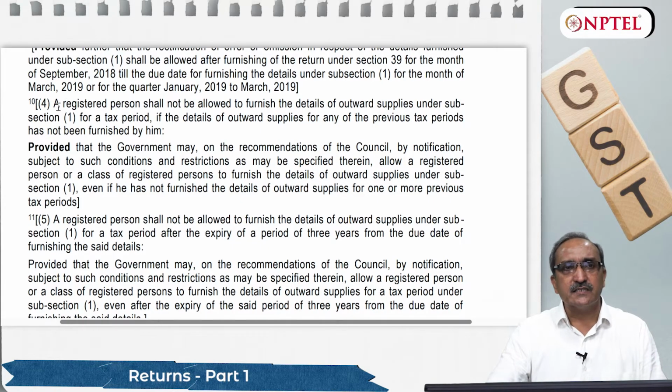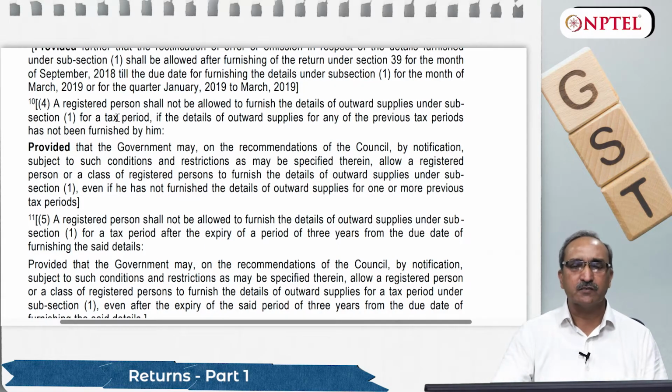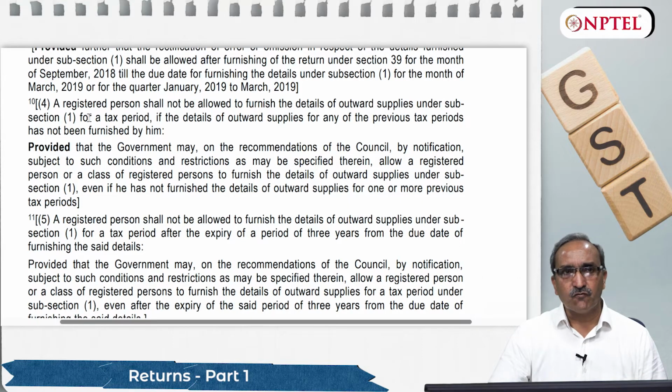And subsection 4, what does it say? It says a registered person shall not be allowed to furnish details of outward supplies under subsection 1 for a tax period. Section 37 subsection 1 asks me to furnish details of my outward supply, my sale, but subsection 4 says a person shall not be allowed to furnish details of outward supply if the details of outward supply for any previous tax period have not been furnished.